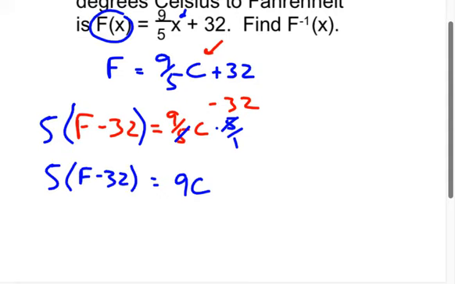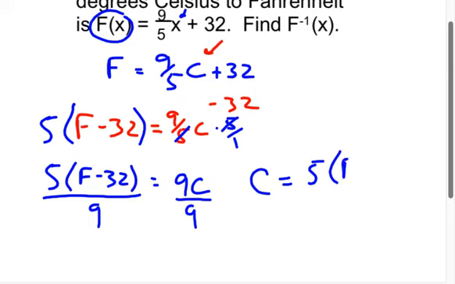You could distribute the 5 through, and that would be fine, but I'll probably just leave it like this. Then just divide both sides by 9. So the Celsius formula, or the inverse of the Fahrenheit formula, is 5 times F minus 32 all over 9.